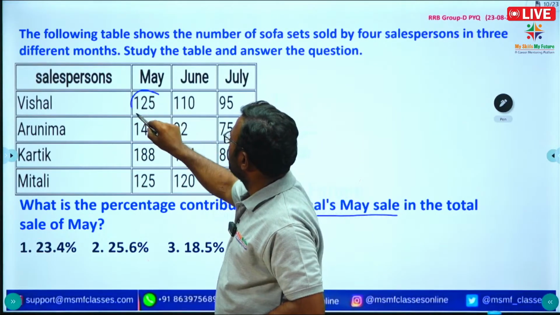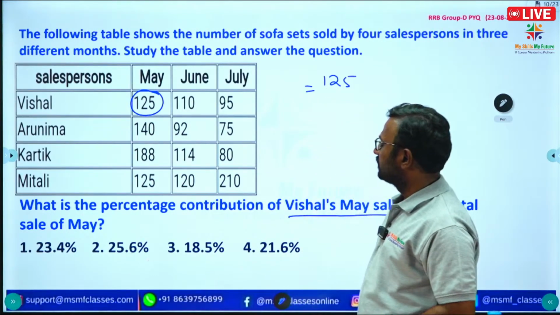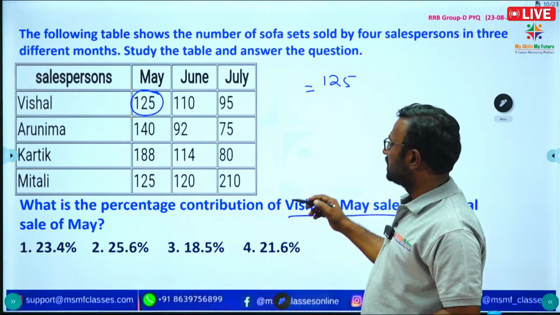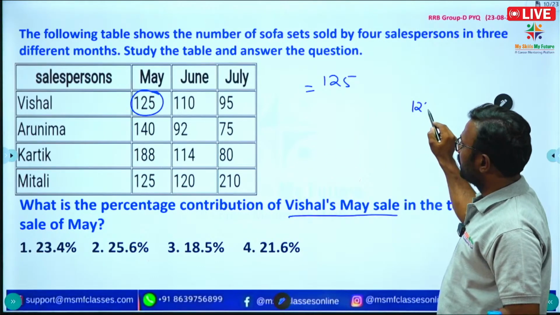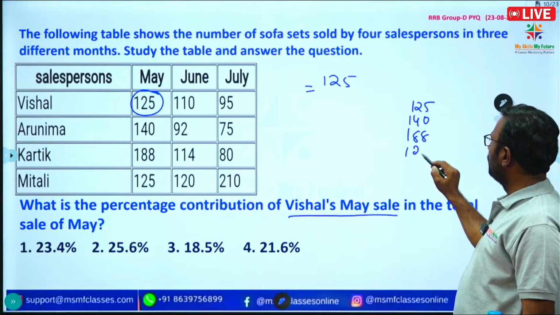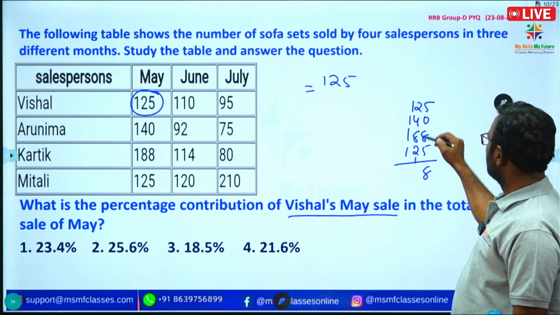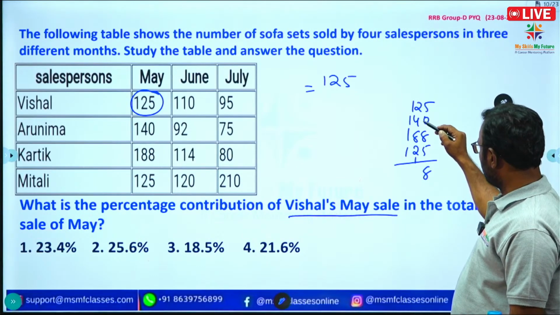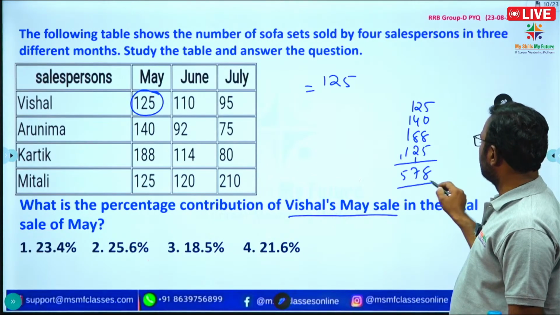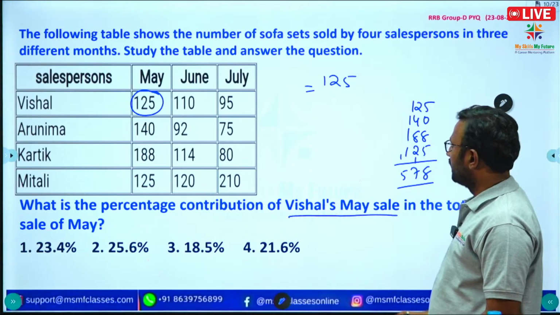Vishal's May sale is 125. What is the total sales of May? So, 125, 140, 188, 125, and so on.